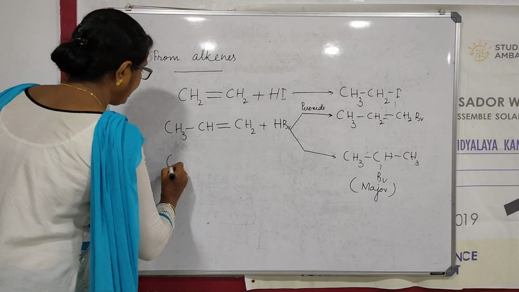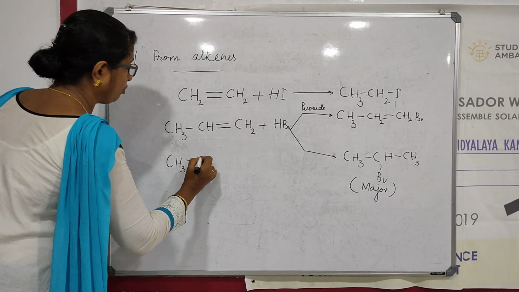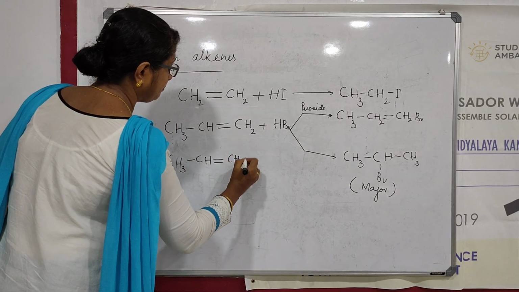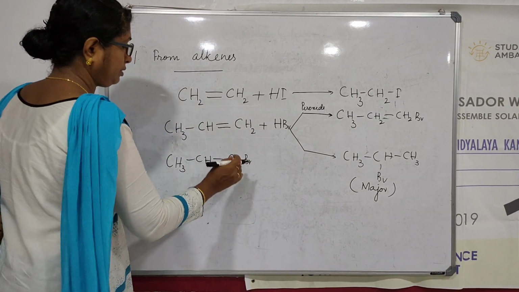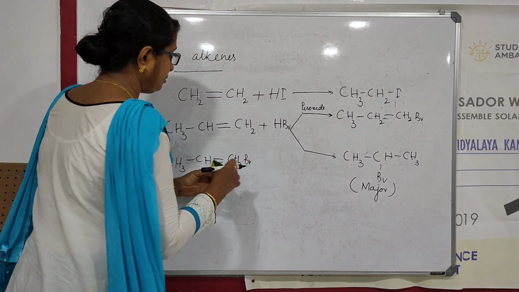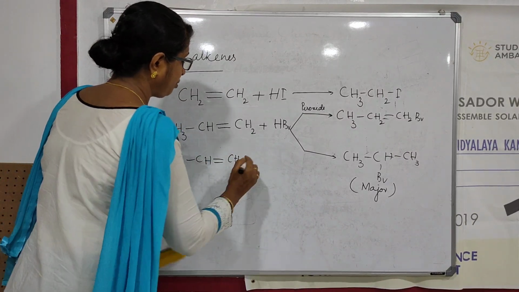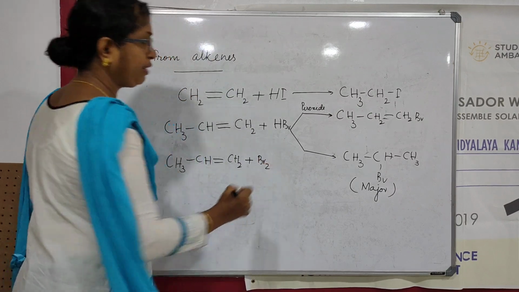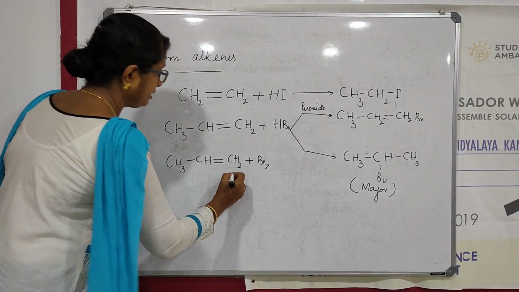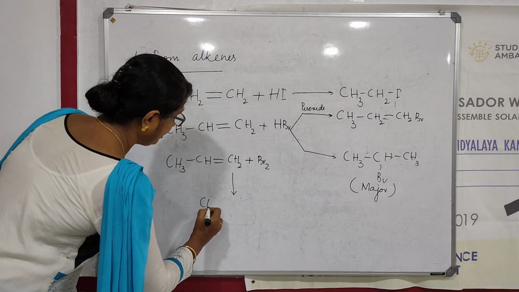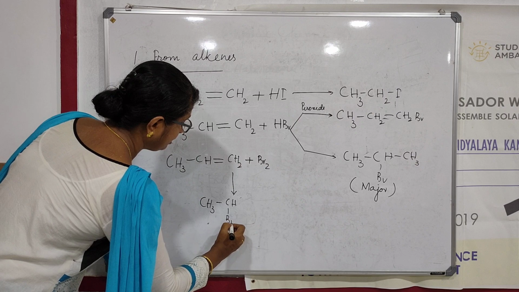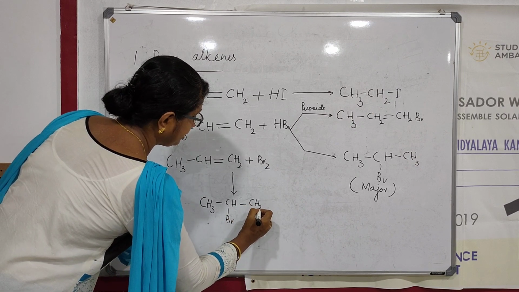And if you are adding a bromine molecule, what will you get? CH3CH double bond CH2 plus Br2. Bromine also you can add. What will you get? If you add the bromine molecule, you will get CH3CHBrCH2Br, right?